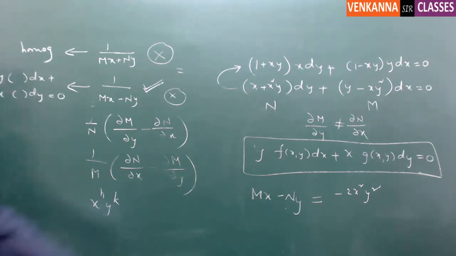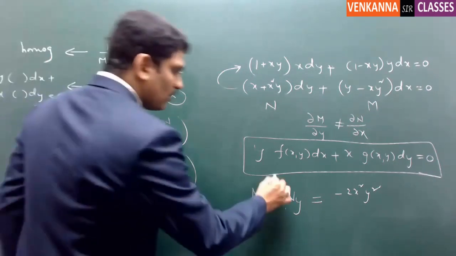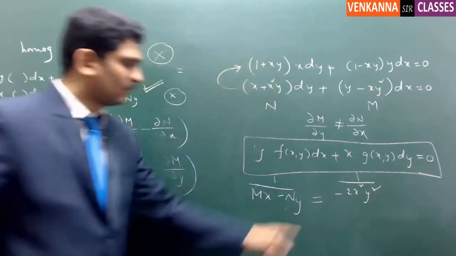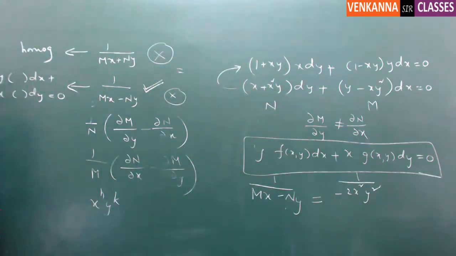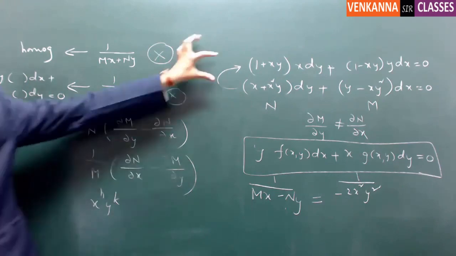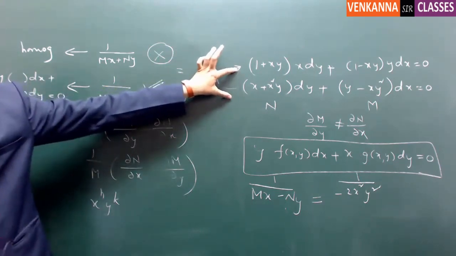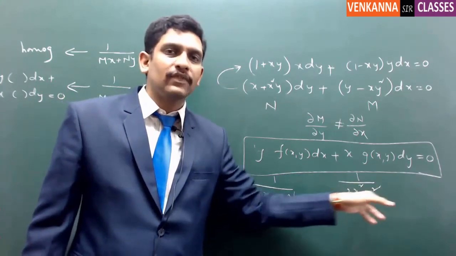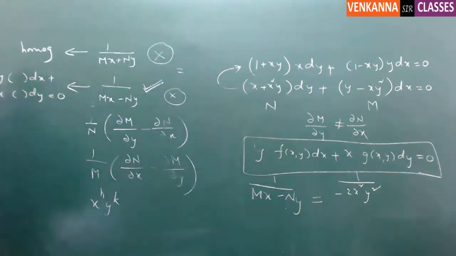So, since the value exists, 1 by Mx minus Ny, that means 1 by this value, is the integrating factor. So we are multiplying the given equation with this value, minus 1 by 2x square y square. Can I write the value straight away on multiplication? Fine.